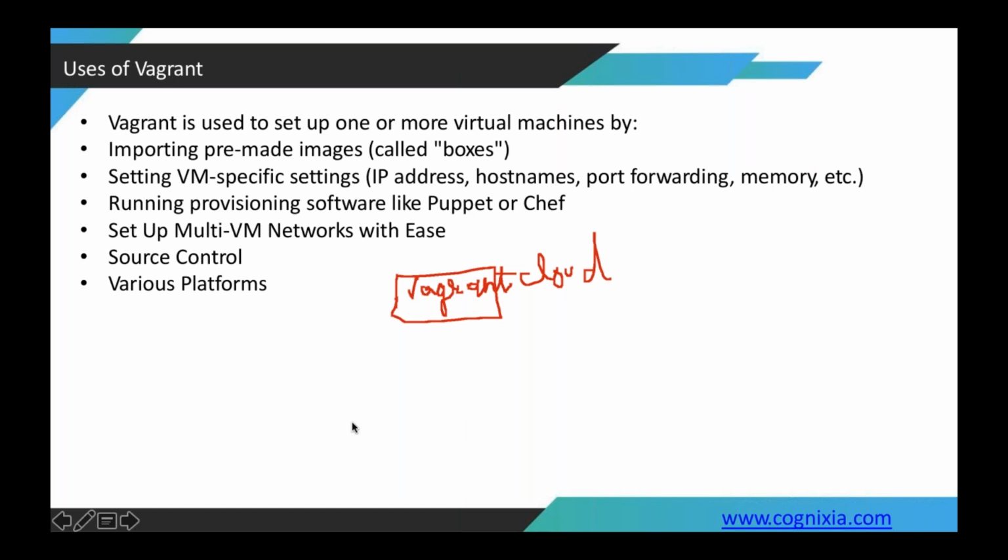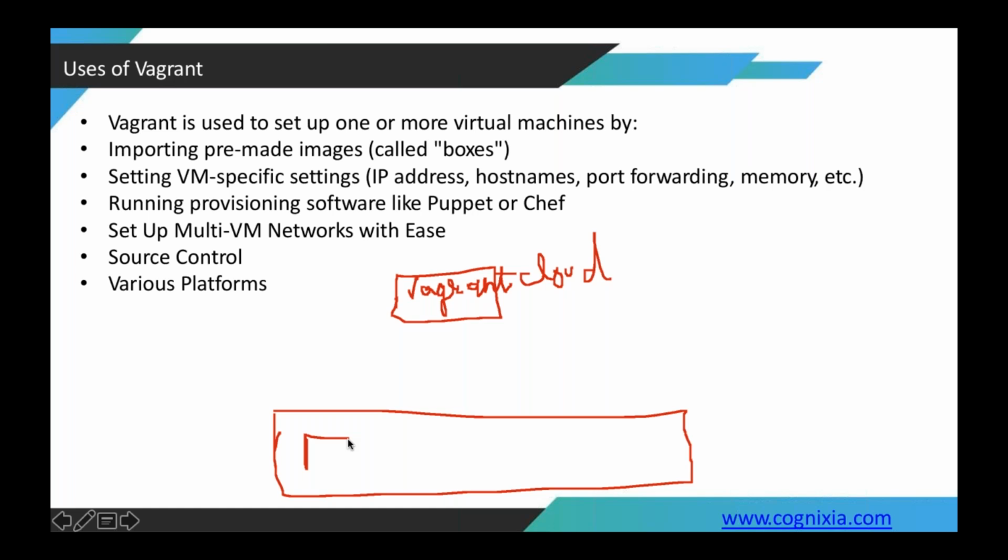Now, this is your physical machine, and you are running the virtual machines here. You can run n number of virtual machines, and we are running Vagrant inside them.